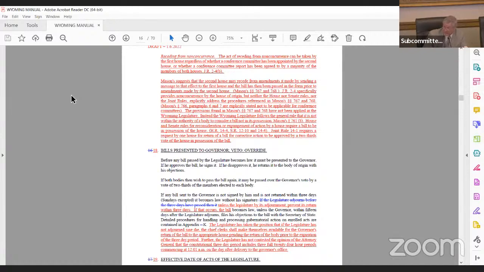You've never done that. The Wyoming legislature has always taken the position that that bill is not in possession of the first house. It left the second house, they put it in the conference committee. And so you can't do that. And this provision here makes that explicit.